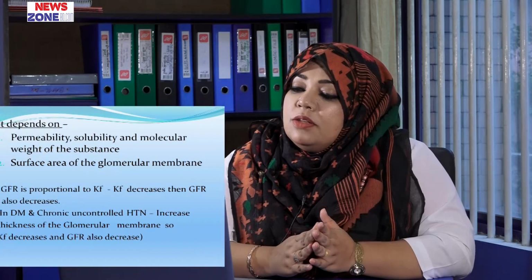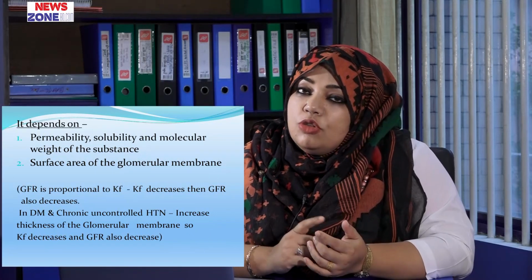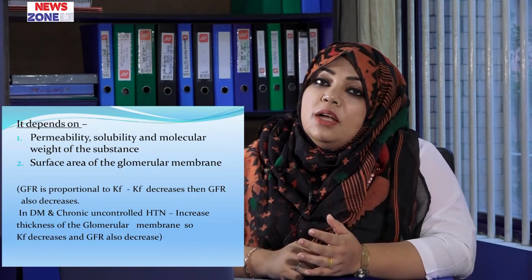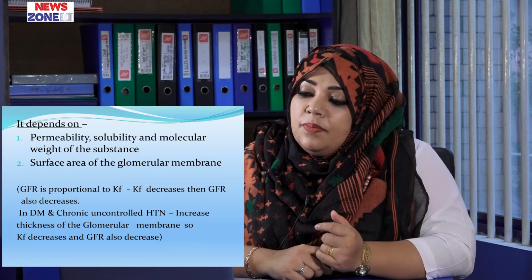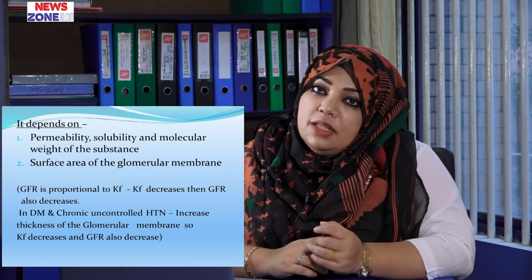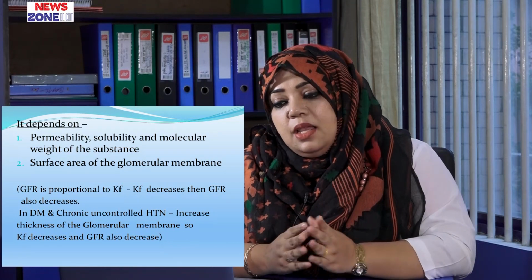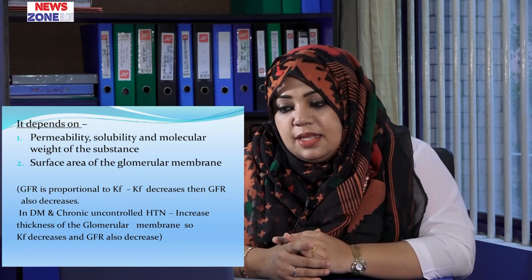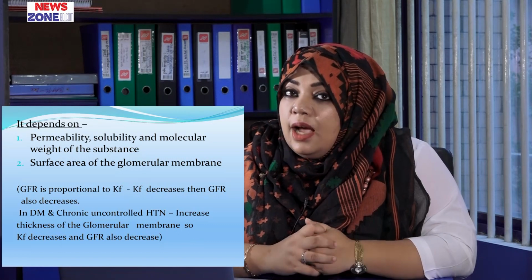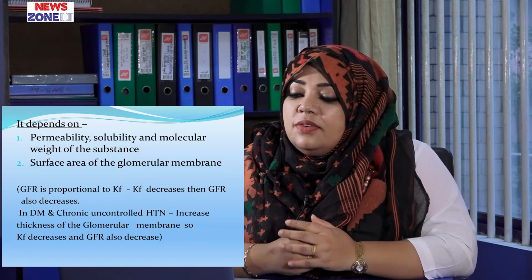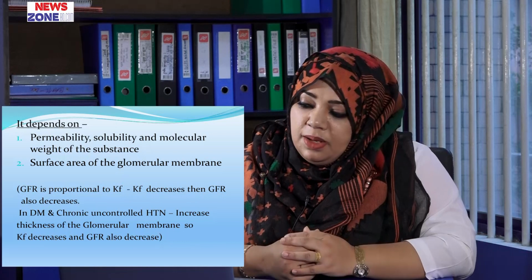Then this filtration coefficient depends on permeability, solubility and the molecular weight of the substance, and also on the surface area of the glomerular membrane. In case of diabetes mellitus and chronic uncontrolled hypertension, there is increased thickness of the glomerular membrane.